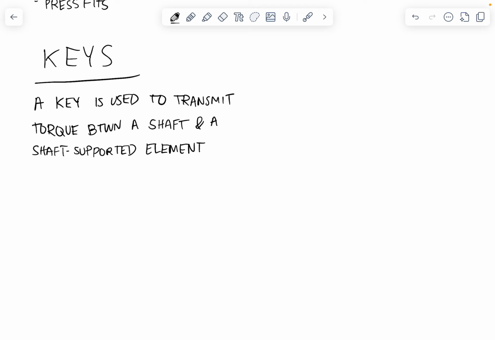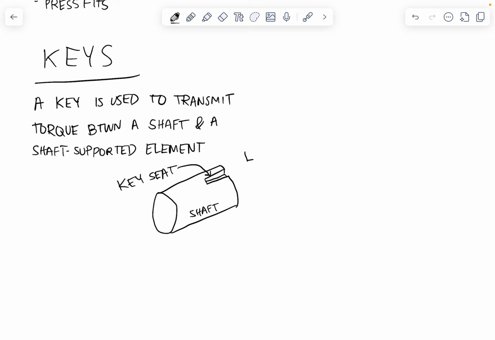Okay, so let me attempt to draw a key. So here's our shaft, and into the shaft a key seat will be cut. Okay, so let's label the shaft. This is the key seat.